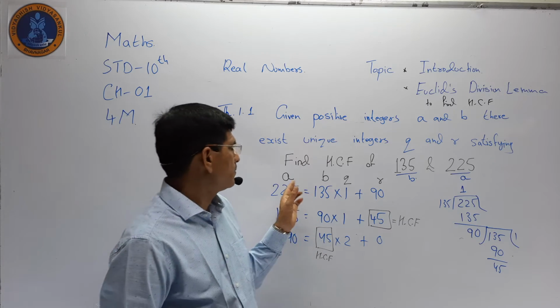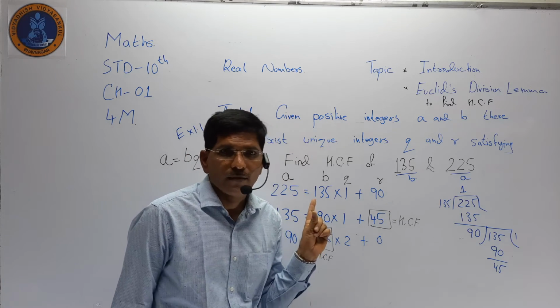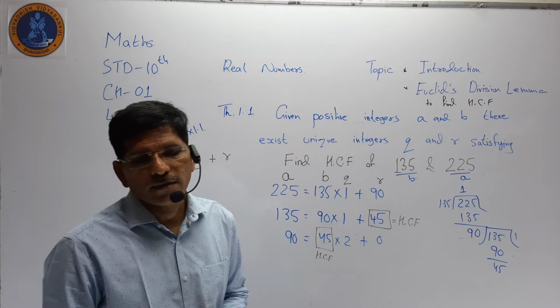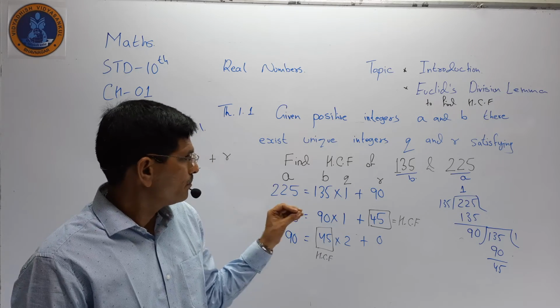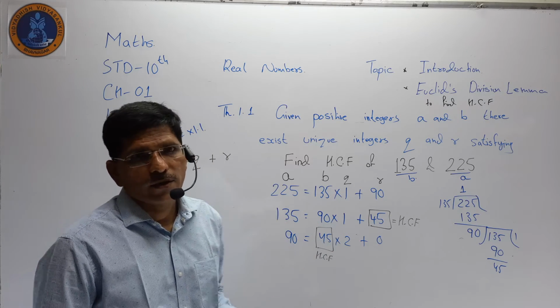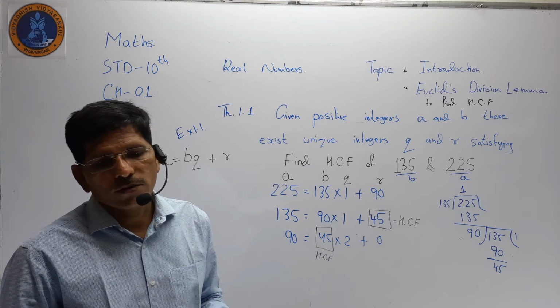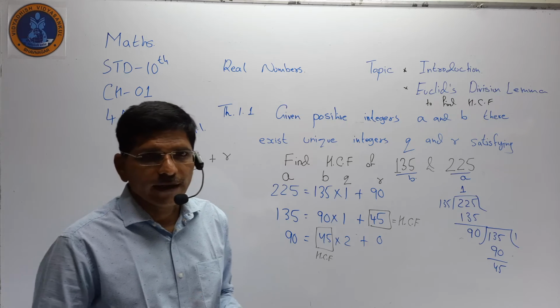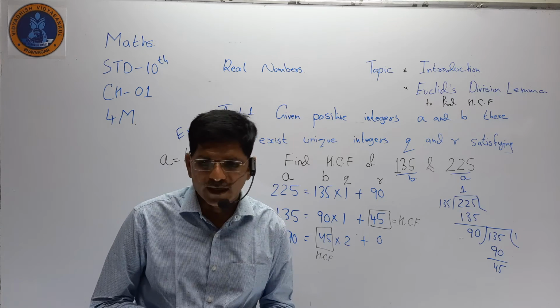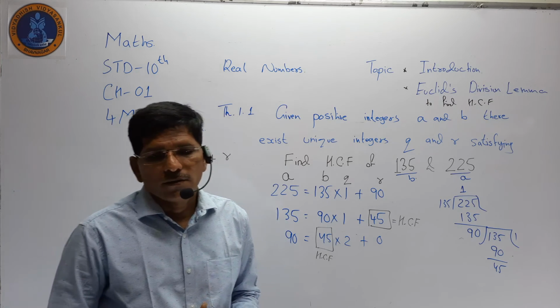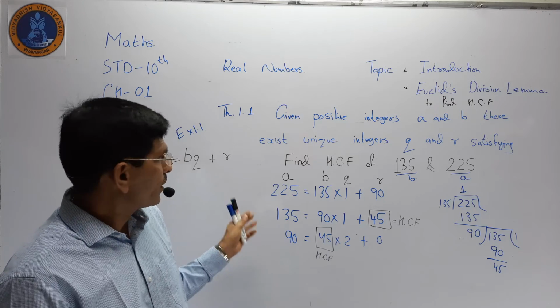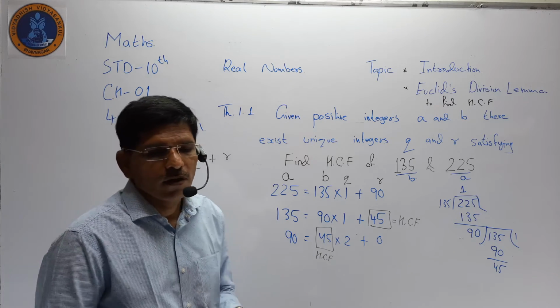We can take any number, greater number we have to take A, and smaller number we can take B. One more simple example we can do also here. So in 1.2 there are more sums to find out HCF. So I think you have to write this, then we go for next.